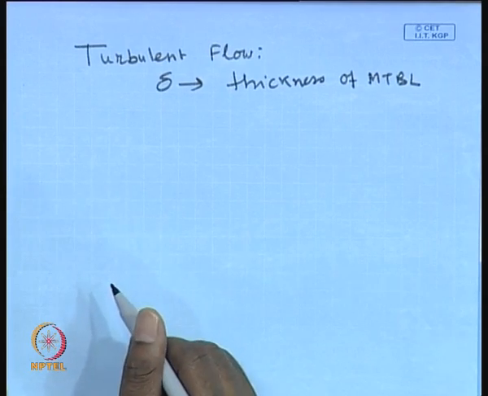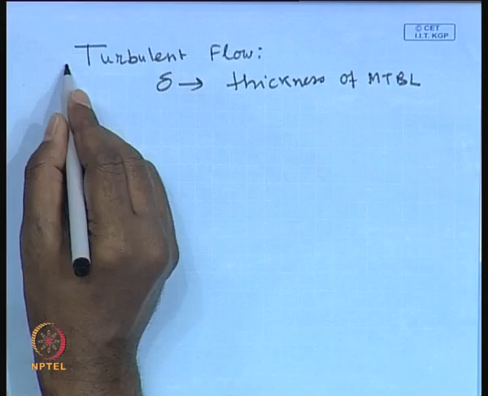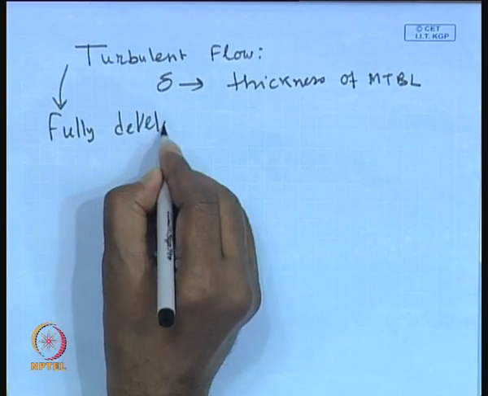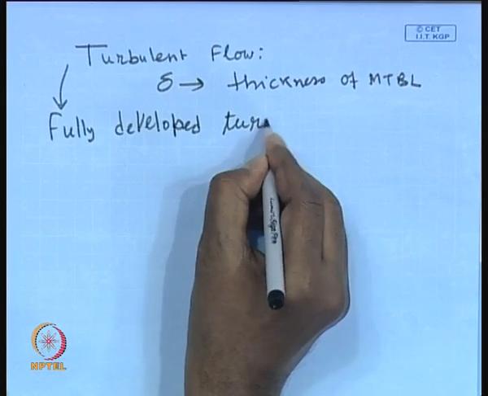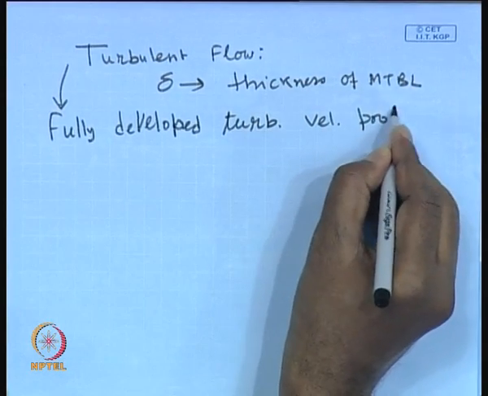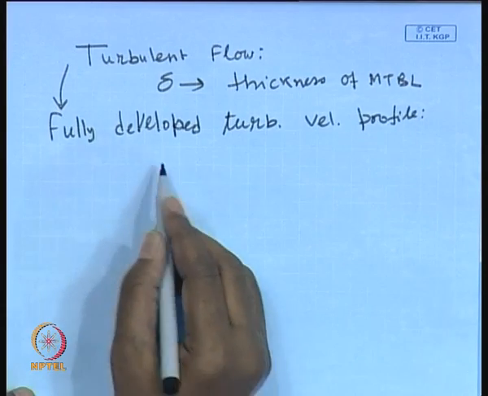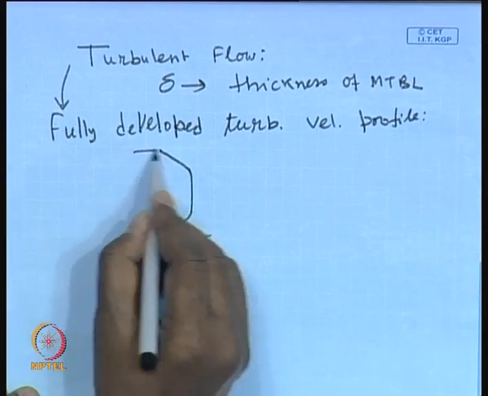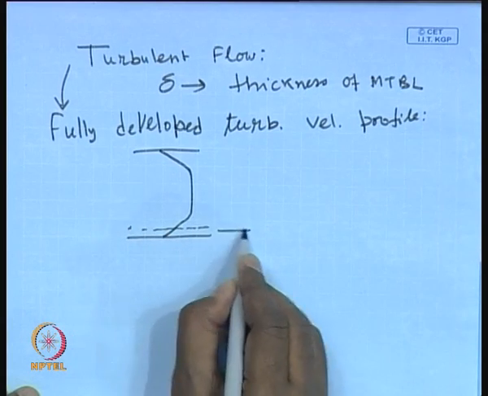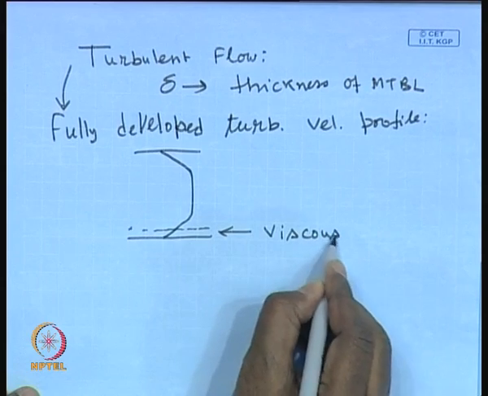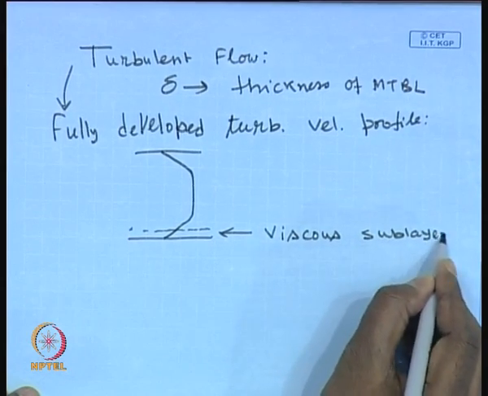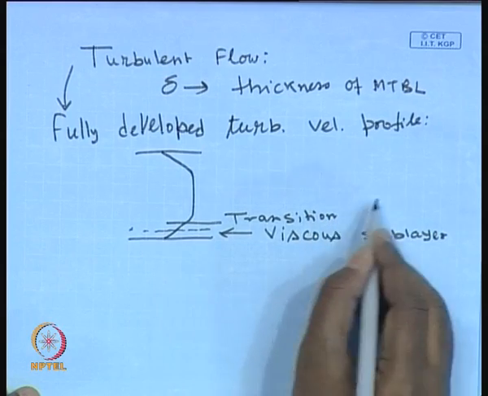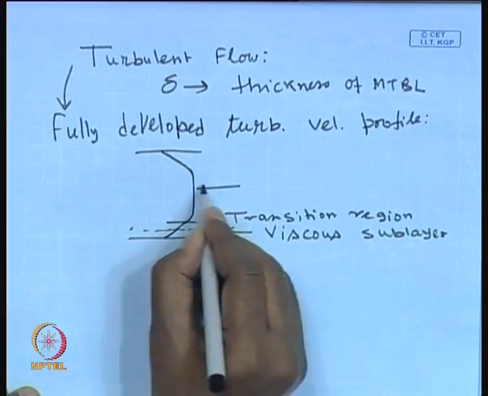If you consider a fully developed turbulent velocity profile, there will be a thin region known as the viscous sublayer, then a transition region, then a turbulent core.